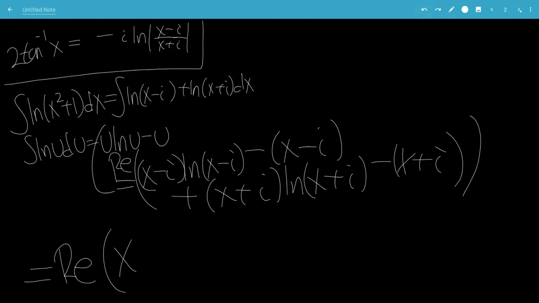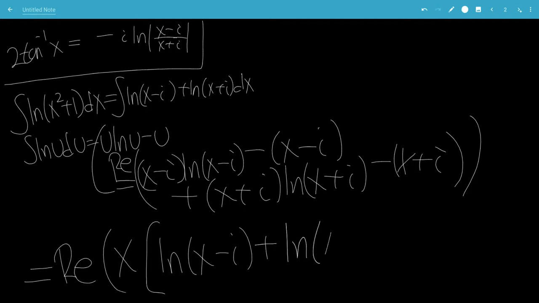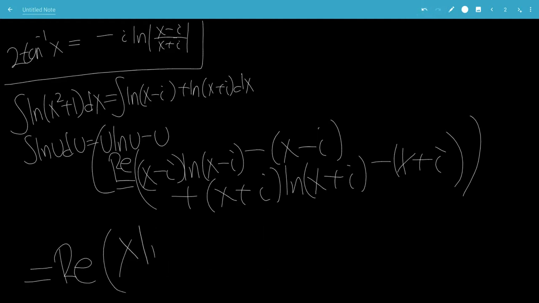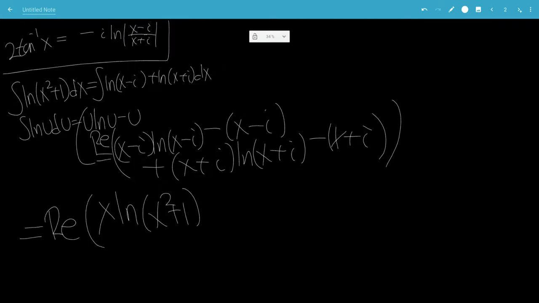So we get x times the quantity ln of x minus i, and then we have another x here, so x times ln of x plus i. You can combine those back together to be x minus i times x plus i, which, like in the beginning, is x squared plus 1. So we're going to write this as x times ln of x squared plus 1. So that will simplify.